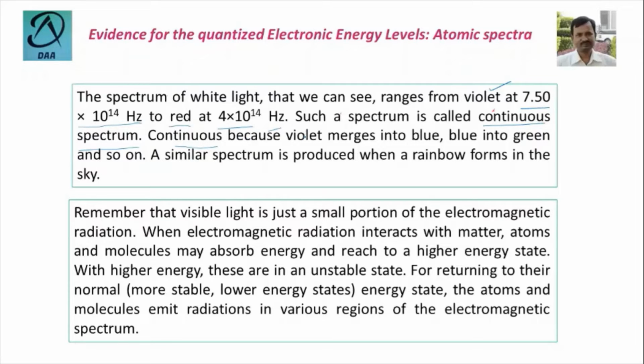Violet almost merges into blue, because the next higher wavelength is blue, and blue merges into green, because green has a comparatively longer wavelength than blue, and so on.